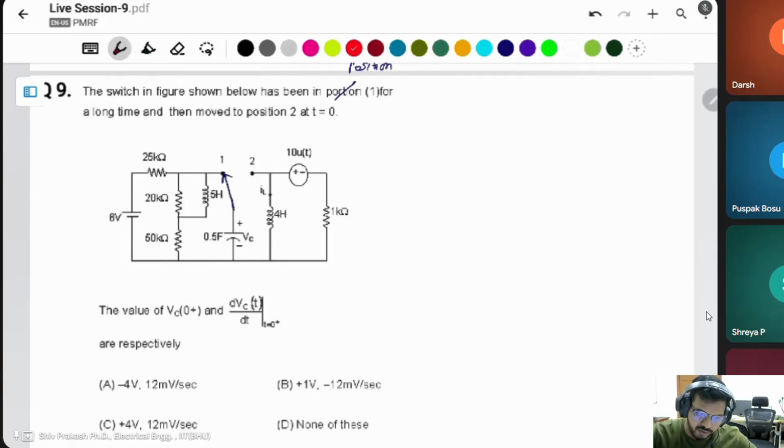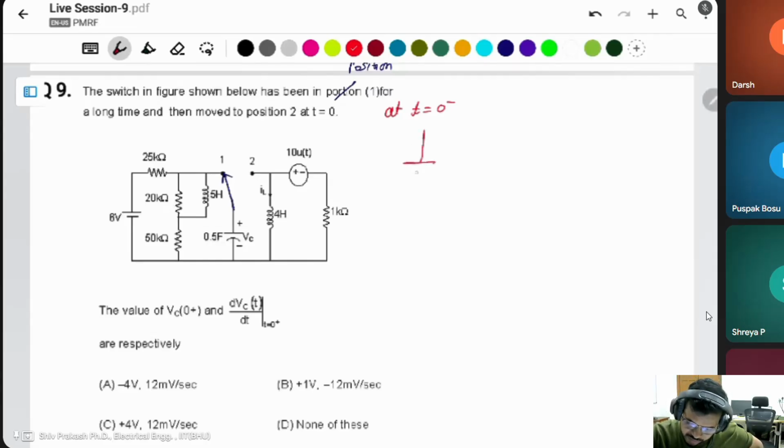Same circuit, you have to find at t is equal to negative for finding the initial voltage. What is the initial voltage here?